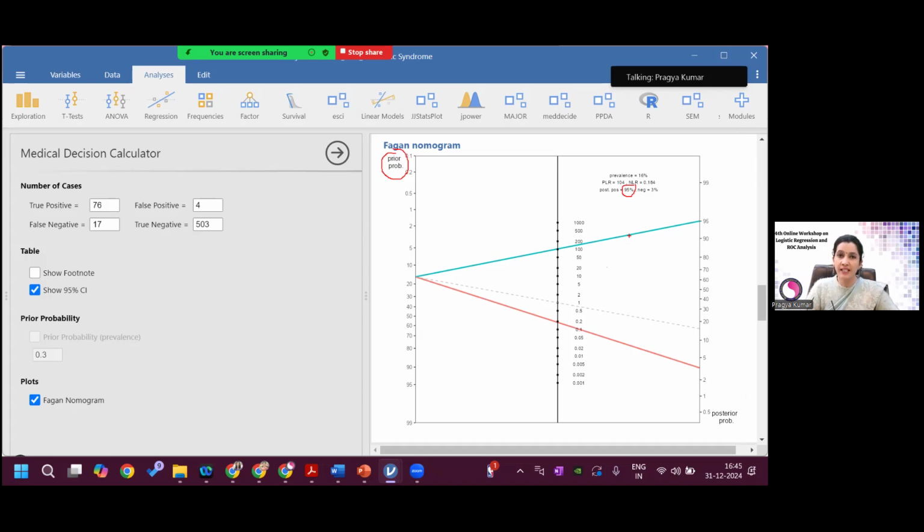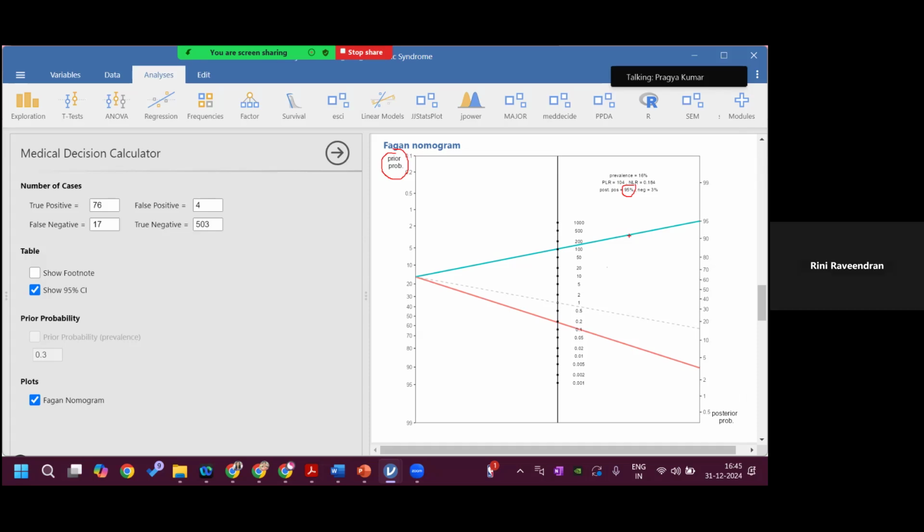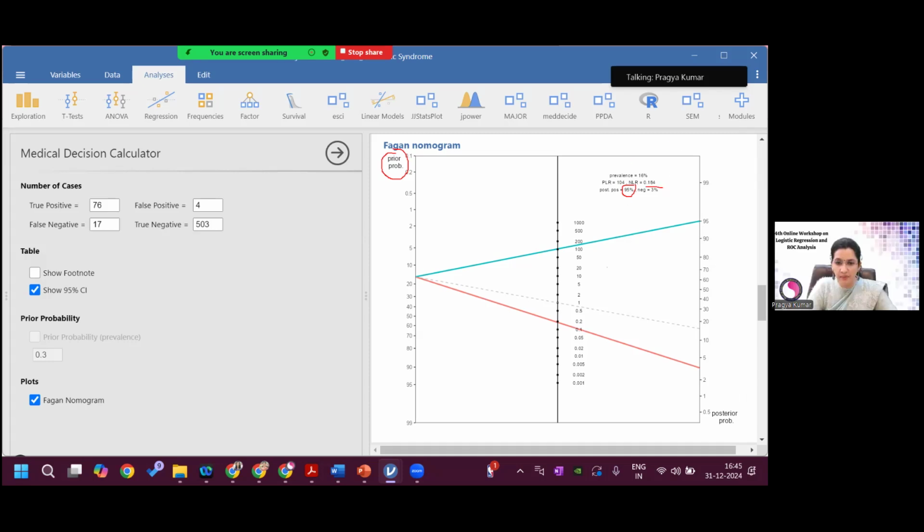In this case, it gives the prediction, meaning the probability of the person actually having the disease if he is tested positive. That's the post-test probability. Is it clear? Yes, ma'am. And the negative 3%? Negative 3 means if the person has tested negative, then what is the probability that he will still have the disease?